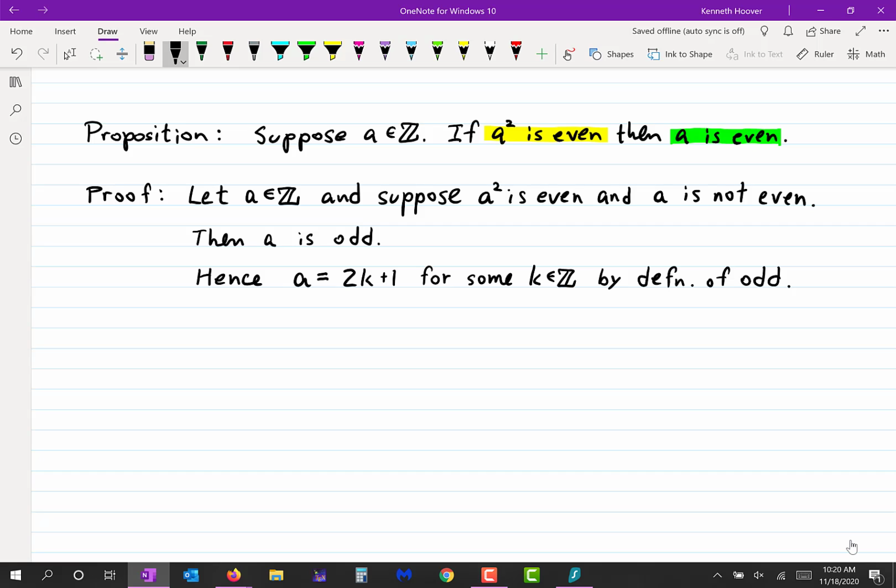Okay, so if A equals 2 times an integer plus 1, then what would A squared equal? Algebraically, it would equal 2k plus 1 squared, which equals what? 4k squared plus 4k plus 1. And isn't that equal to 2 times 2k squared plus 2k, plus 1?